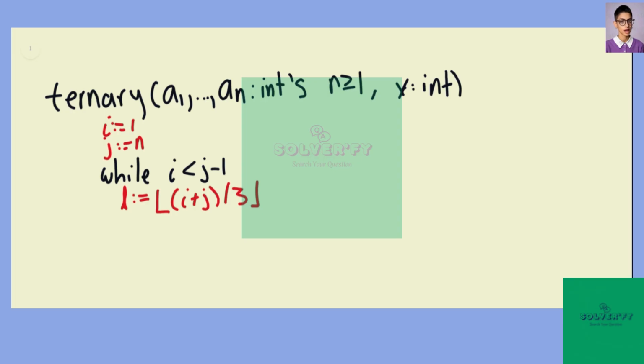And we're going to do essentially the same thing with u. So it's going to be the floor, except it's going to be 2 times (i plus j) divided by 3. And so these are also setting positions in our list.